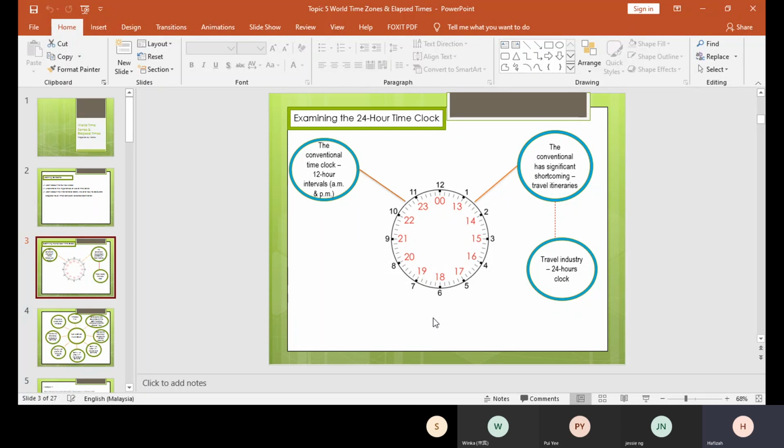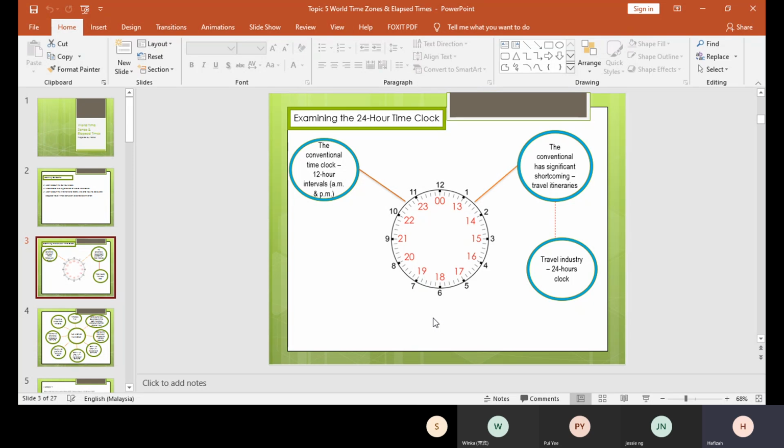For example, their flight is at 9 AM, but they thought it was 9 PM, and suddenly they arrive at the airport at 8 PM. Do you think they can still catch their flight? What will happen to their flight? It leads to misunderstanding in terms of time. That's why in the tourism industry we prefer to use the 24 hours clock, which is easier. For example, 9 PM is said as 21 o'clock.